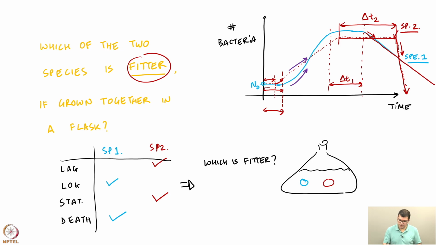Because although if I do the growth curve till here, species 1 is fitter, in the preceding 3 regimes species 2 was doing better. So, what is going to be the sum total of fitness effect of all of these 4 phases of growth that I am looking at?